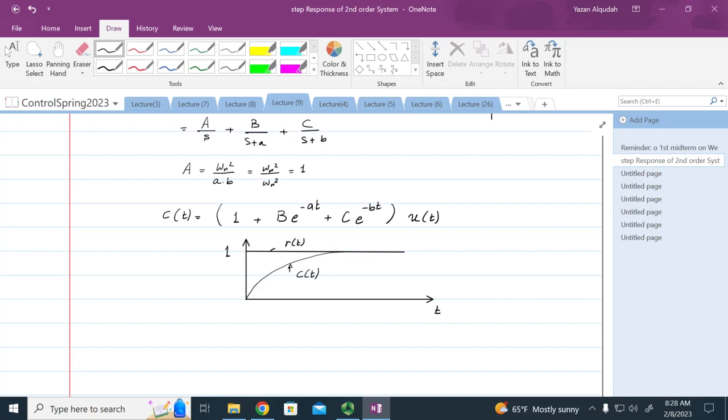Is it because of the unit step? You've multiplied, you're starting at 0 to 1? Everything before that's nothing. Yes, but my question is, when I plotted this curve, this C of t, here, if I plug in 0, when t is equal to 0, I'm going to get 1 plus b plus c. How is it 0?